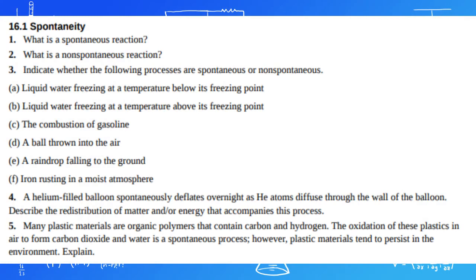Okay, number 1, what is a spontaneous reaction? We've already defined spontaneity. A spontaneous process is one that occurs without the need for any outside work. Even if a process is endothermic, it doesn't necessarily mean that it's non-spontaneous.